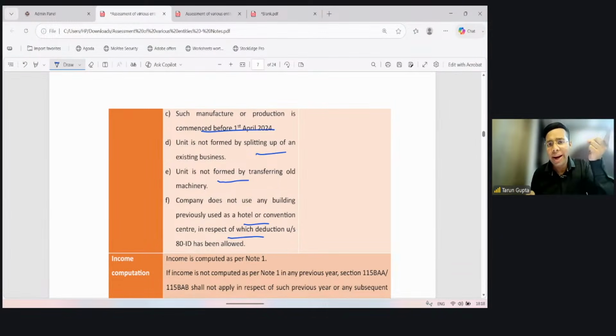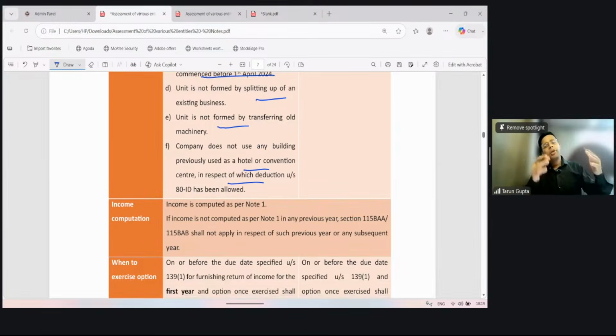Incorporated on or after 1st October 2019, commenced manufacturing or electricity generation on or before 31st March 2024, not formed by splitting up or by transfer of old assets, and does not use any building which was earlier used as a hotel or convention center under section 80-ID. Income is computed without allowing some exemptions and deductions, which we will discuss in a minute.